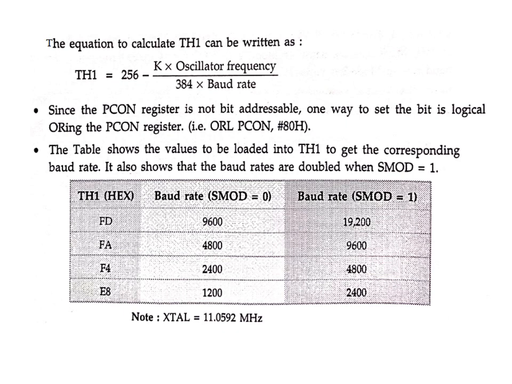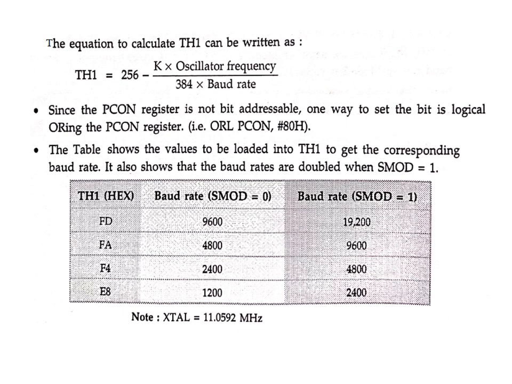Column number 2 is the baud rate achieved with that particular value in TH1 when SMOD value is equal to 0, and the third column is the baud rate achieved for the same TH1 value when SMOD is equal to 1.